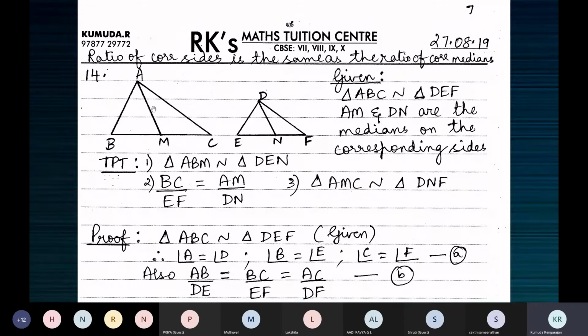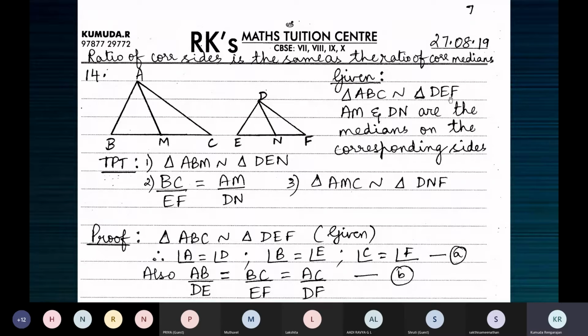All right. So vertex A corresponds to vertex D. Let's take up the median AM from the vertex A on the side BC and the median DN from the vertex D on the side EF. AM is a median in triangle ABC, DN is a median in triangle DEF, which means M is the midpoint of BC and N is the midpoint of EF.